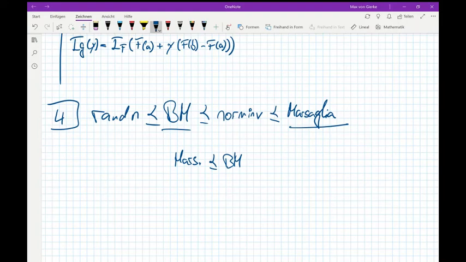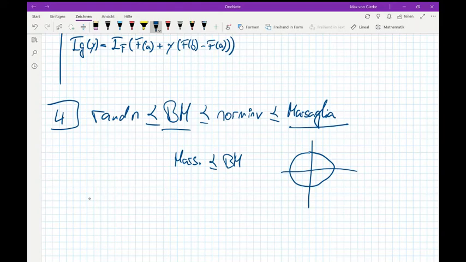But in Marsaglia you have to generate this uniformly distributed random variable on the unit ball, and this is not that easy. Well, it's easy to do, but it's not that easy to compute actually.